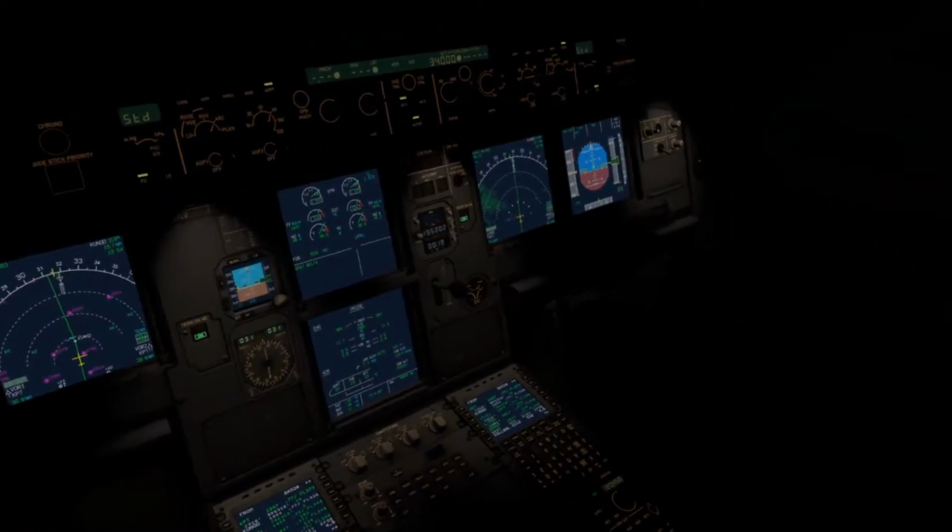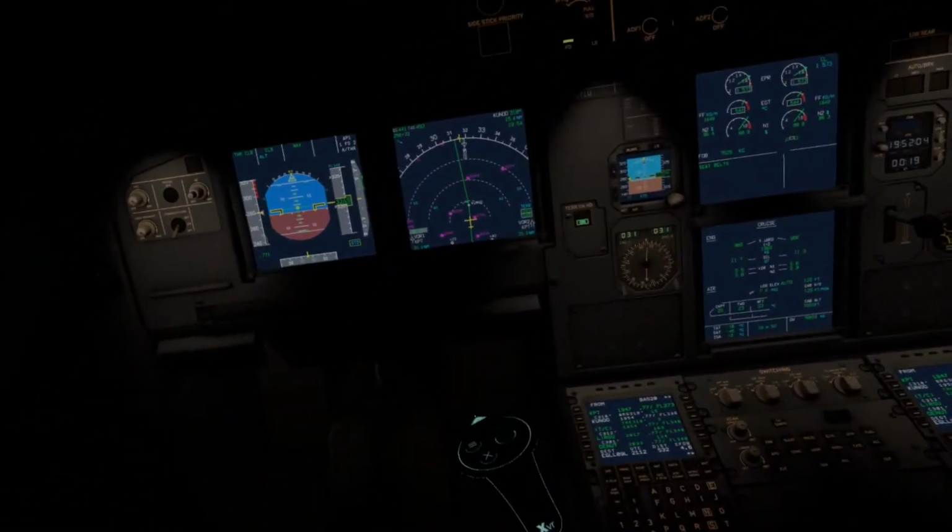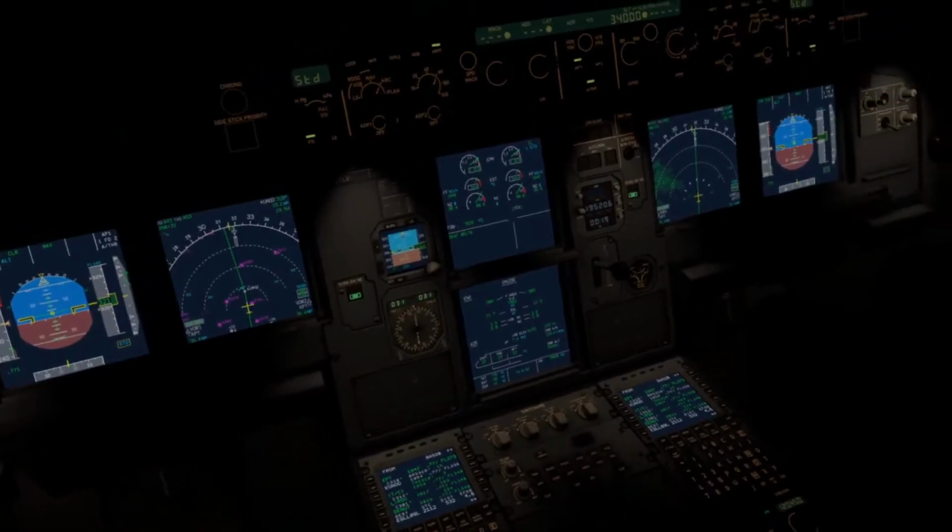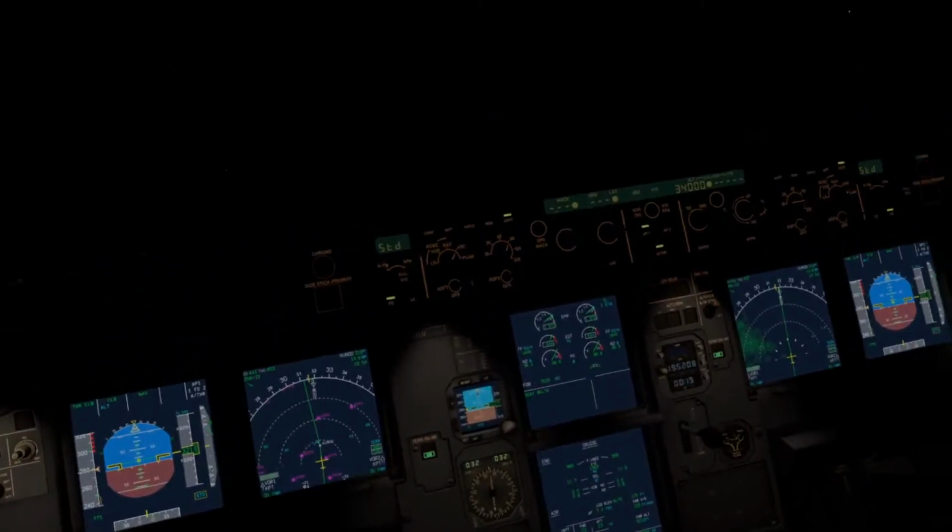We're almost at the top of cruise, so we're going to check our systems after that.